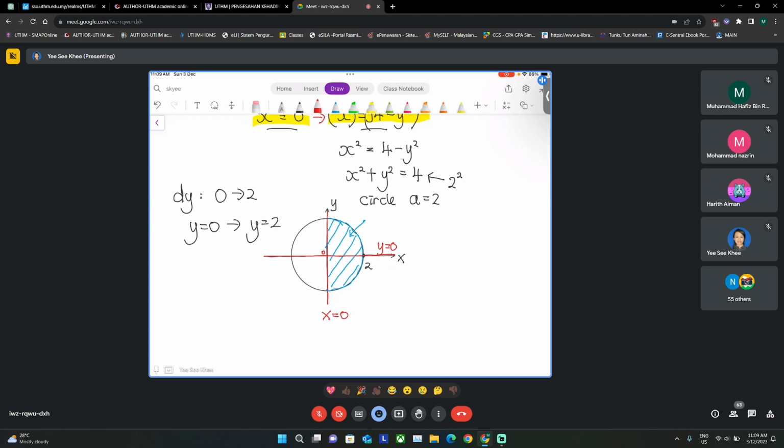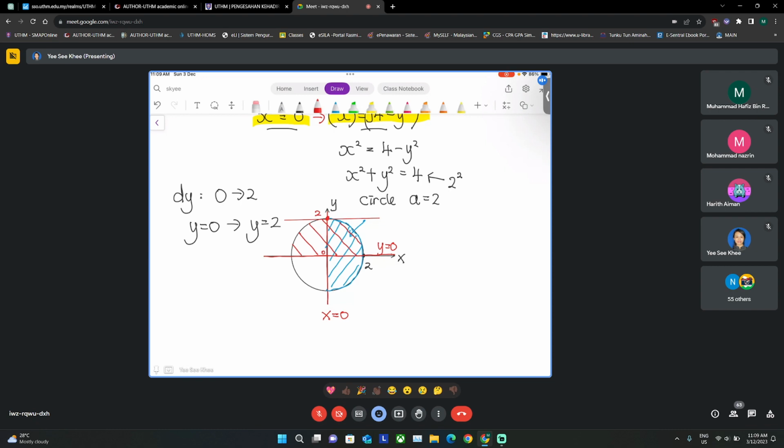Okay, y equals to 2. 2 is this point, because the radius is also 2, right? So in fact, you will make a line here, this one. So the region that is referred to by this interval should be the whole part here.